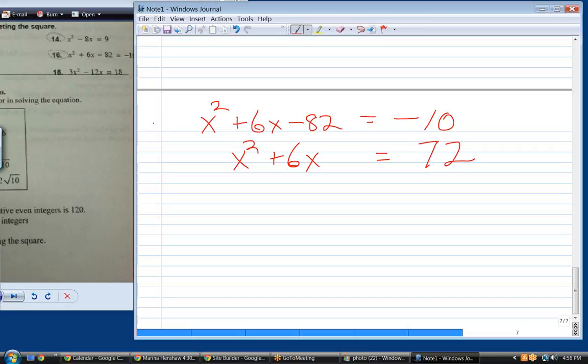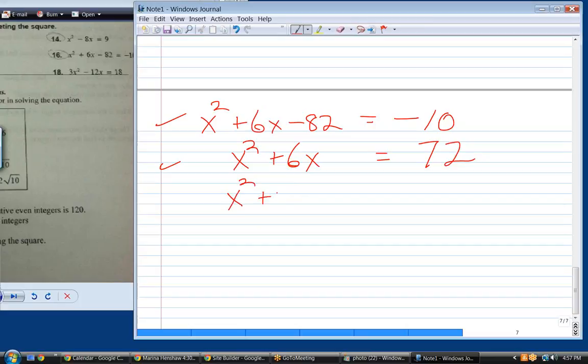In other words, what I'm attempting to do is to show you that we're not changing this equation. I didn't change it at all, not at any point. I've merely moved this 82 to the other side. Now we're going to complete the square on the left side. So what's the next part?